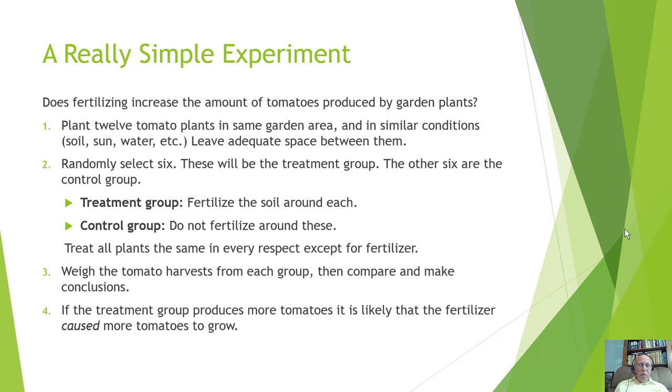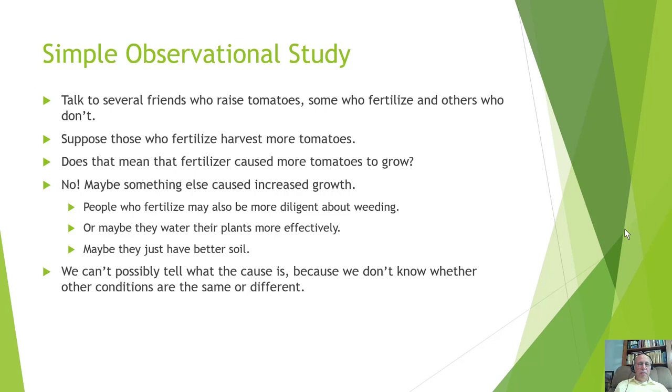Finally, at the end of the experiment, we would weigh the tomato harvest from each group and then compare and make our conclusions. If the treatment group produces more tomatoes, then it's likely we can conclude that the fertilizer caused more tomatoes to grow. And that's a critical difference between an observational study and an experiment. An experiment allows us to make conclusions about what inputs caused a certain output.